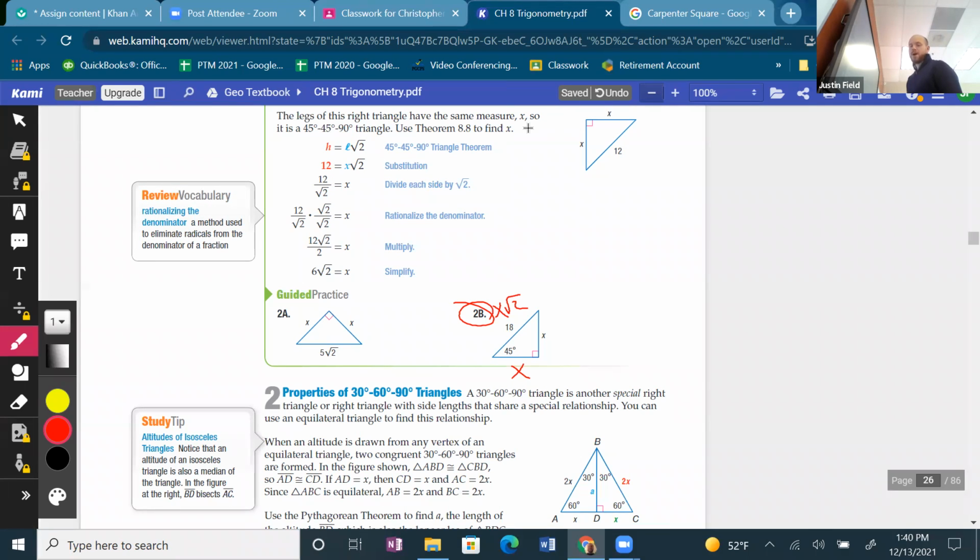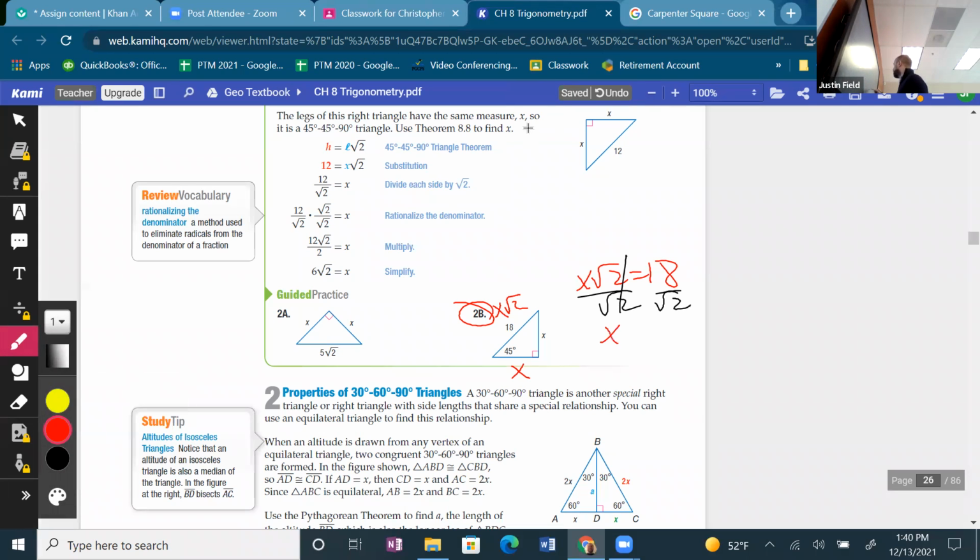And we know that the hypotenuse, I just said, is x root 2. So we're going to set up an equation. X root 2 equals 18. Now we're going to solve for x. How do we solve for x? Very good. We divide both sides by root 2.